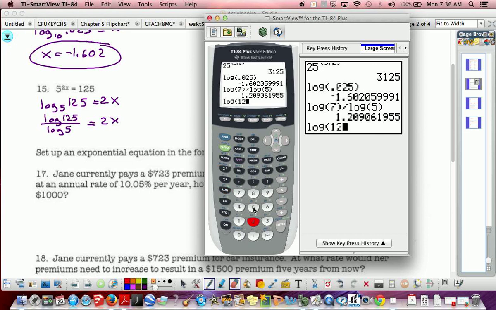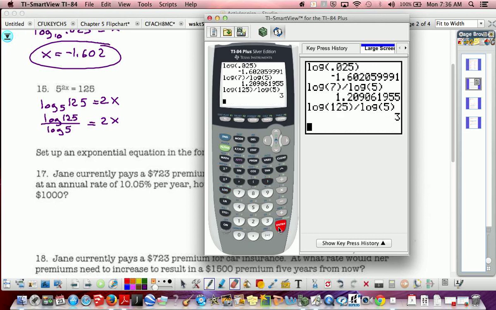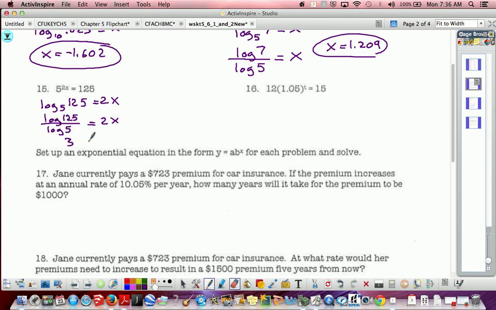So log of 125 divided by log of 5 equals 3, because another way of looking at it, 5 to what power is 125? That's 3. So 3 is equal to 2x. Divide both sides by 2. X is equal to 3/2. Or I know many of you love the decimal, 1.5.